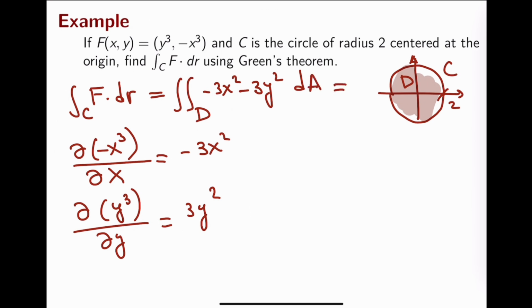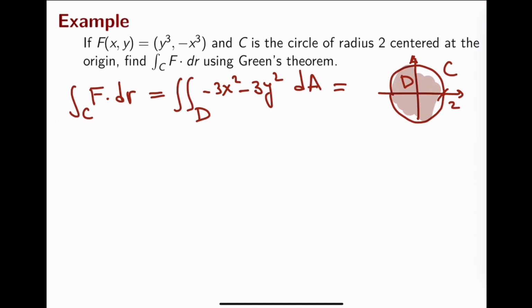Okay, so now we have to set ourselves to calculate this integral. Remember the method that we had to calculate double integrals. In this case, considering the domain is a circle, we like to do a change to polar coordinates. Remember that for polar coordinates, we need to change x equal r cosine of theta, y equal r sine of theta, and we need to multiply the differential by r.